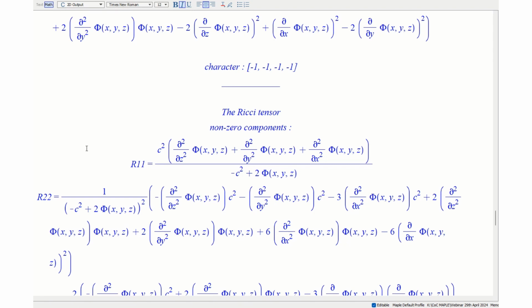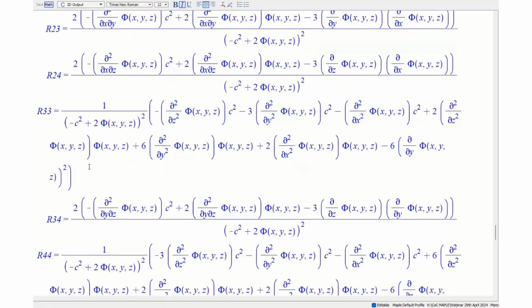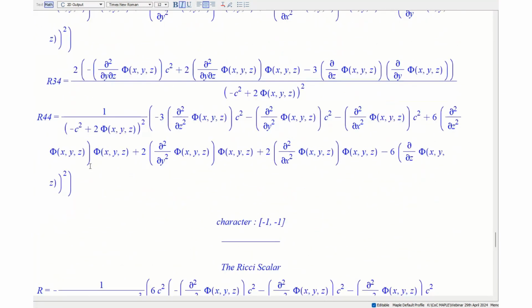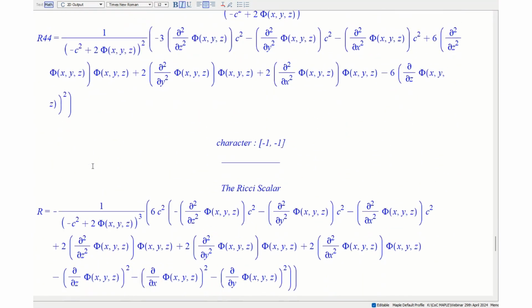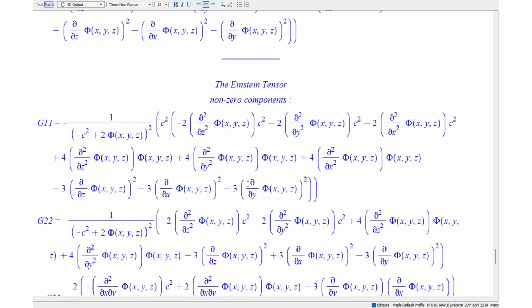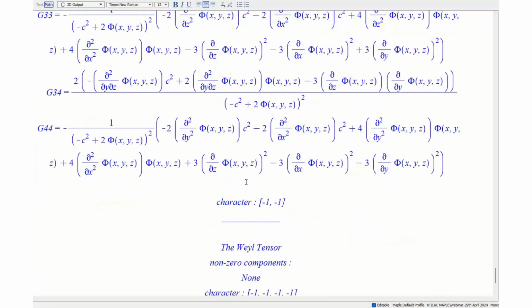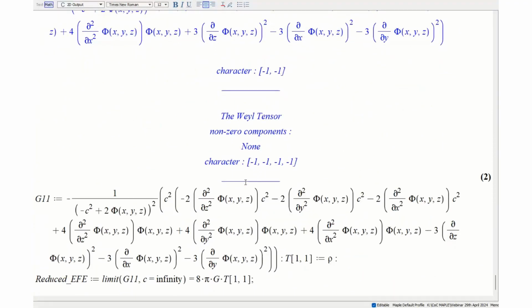The tensor of rank 4 is reduced to a tensor of rank 2, and that is R11, R22, R23, R24, R33, R34, R44. Then the Ricci scalar is represented here, and then Einstein tensor components G11, G22, and so on and so forth. I have considered only the G11 part.